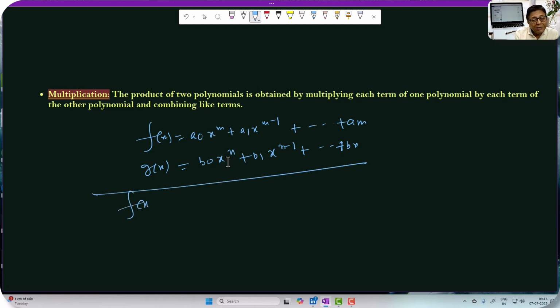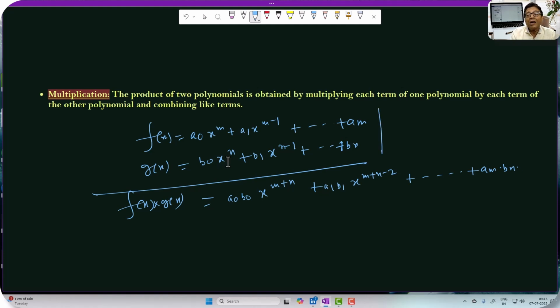If you multiply these two polynomials, then you have to multiply term by term. That a0 into b0 x^(m+n) will be there, plus a1 b1 x^(m+n-2). This way it continues, and finally the two constant terms am and bn will be there.